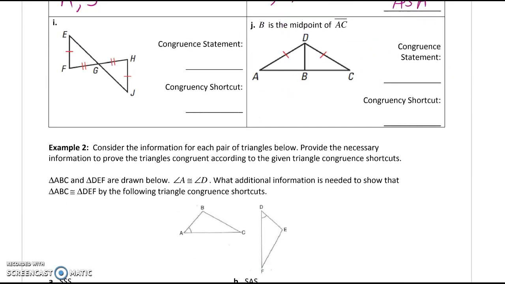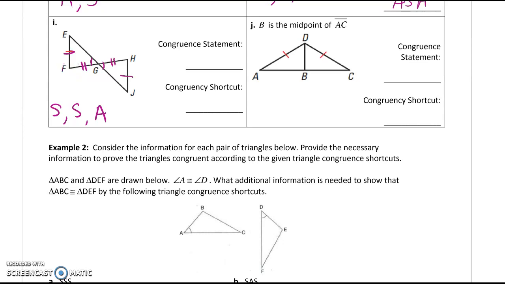Alright, so let's see. We have one pair of congruent corresponding sides. We have another pair of congruent corresponding sides. And we have vertical angles. So the angle is not included in between the two sides.